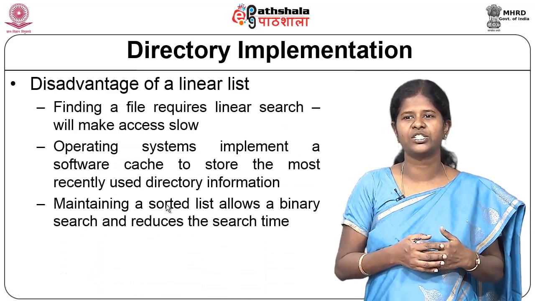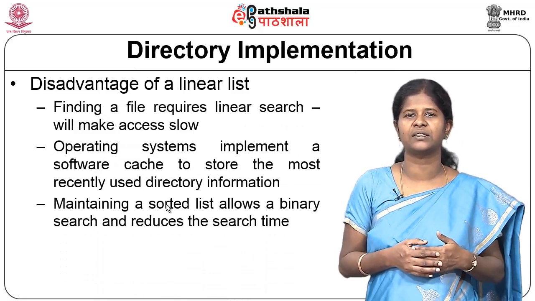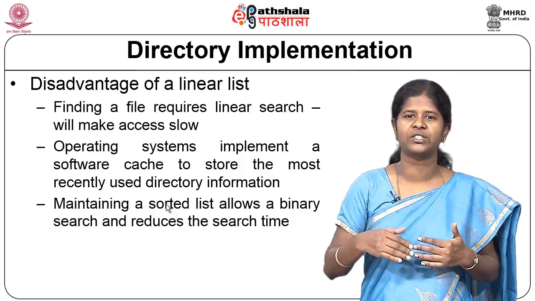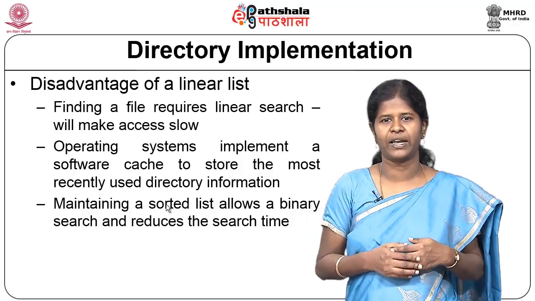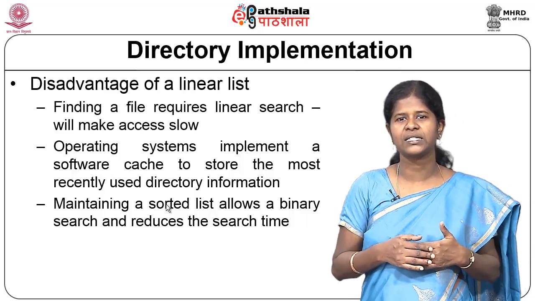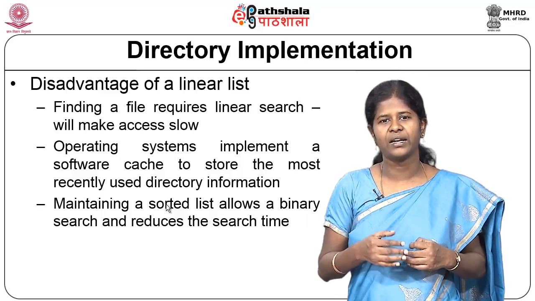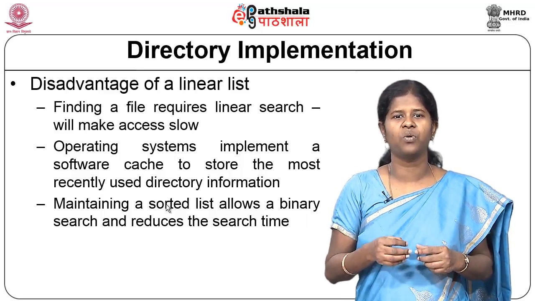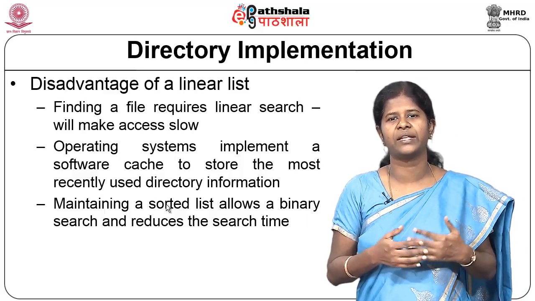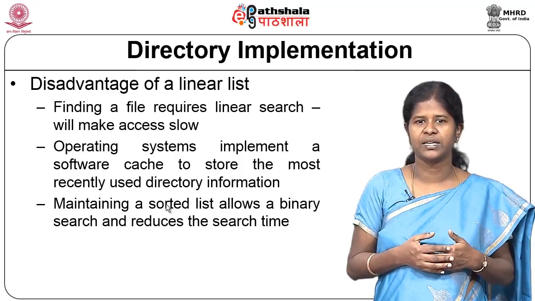But the disadvantage of having a linear list is that finding a file requires a linear search, that is, you need to search one after the other for a particular file, which will make the access very slow. Operating systems implement a software cache to store the most recently used directory information, which can make the search easier.